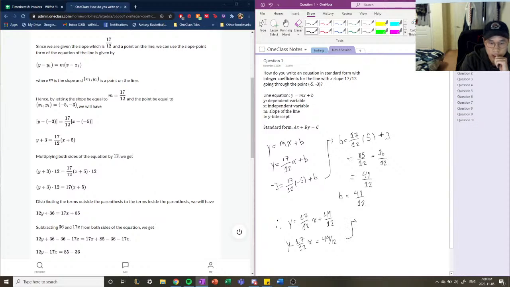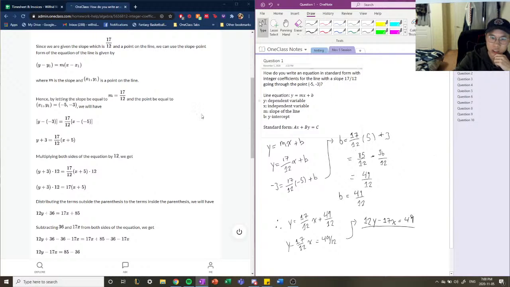Finally, we're going to get rid of the denominator to make things simpler and less confusing, so we multiply both sides by 12. So 12y minus 17x equals 49. This is our standard form of the line equation.